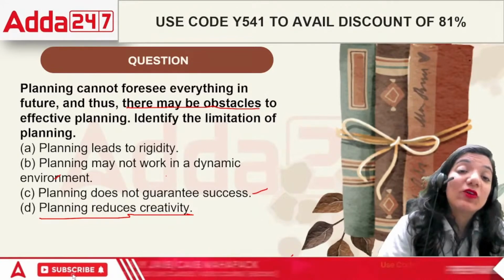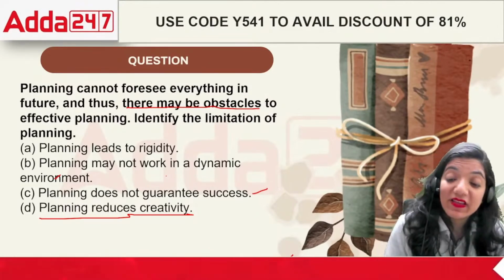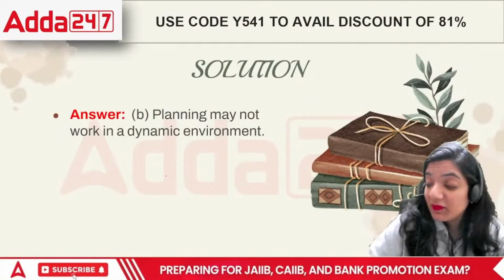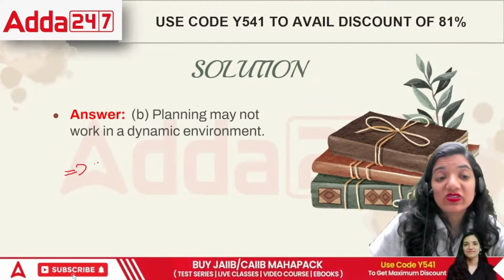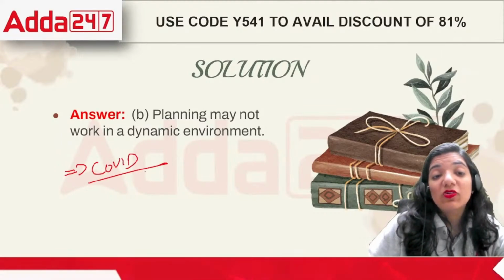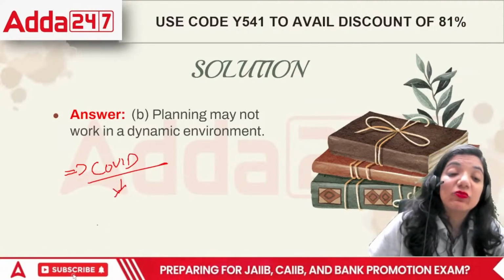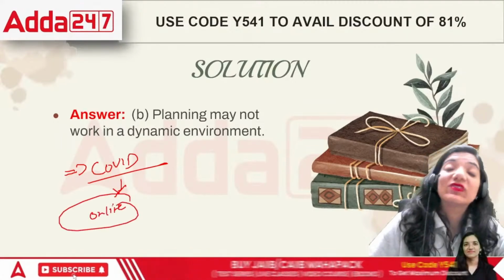But planning cannot foresee everything in future, and thus there may be obstacles in effective planning. That simply means planning does not work in dynamic environment. Right? If I give that particular example again, that is regarding the period of COVID, all the organizations which were working offline and they had a feasibility that they could move online, they started working on the online portals so that they could survive.